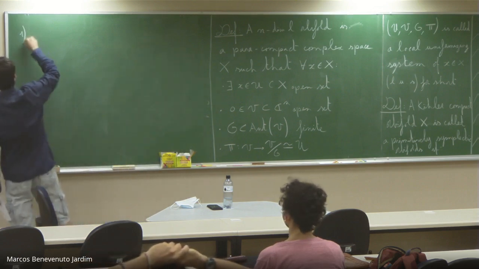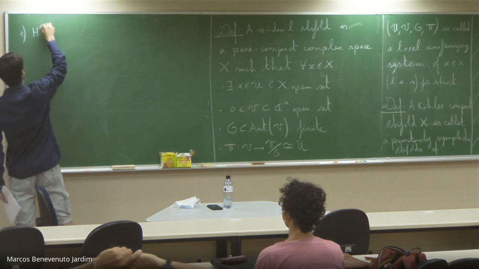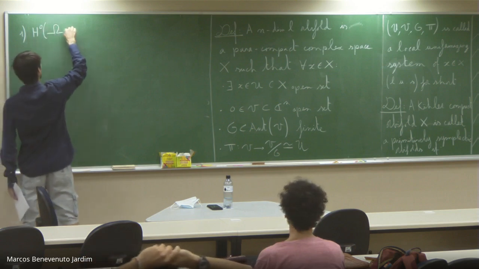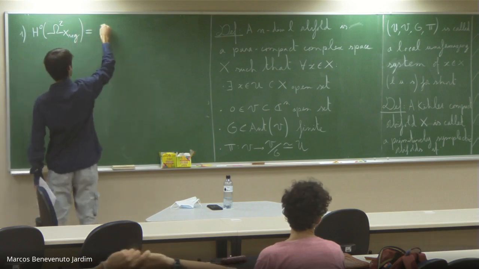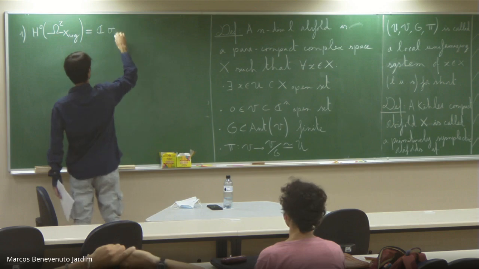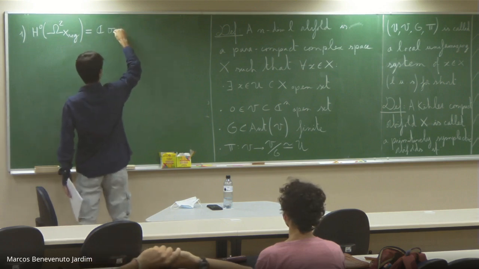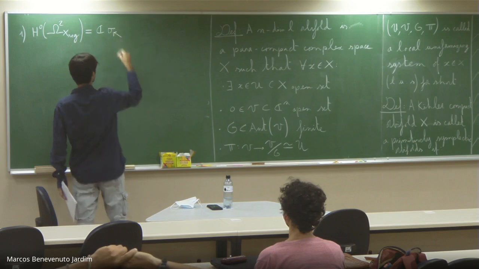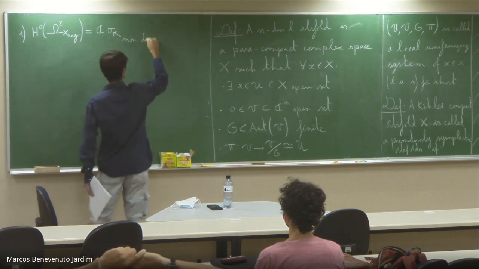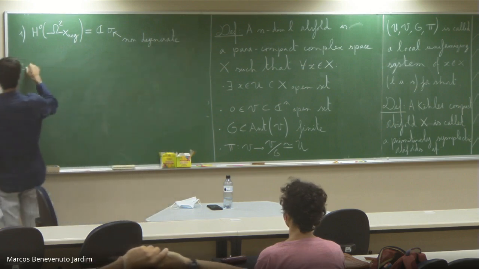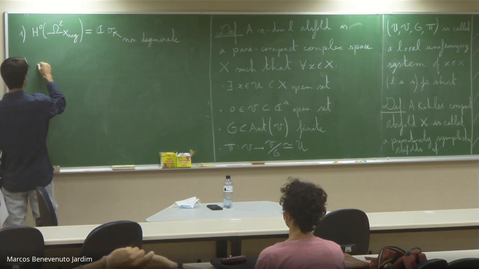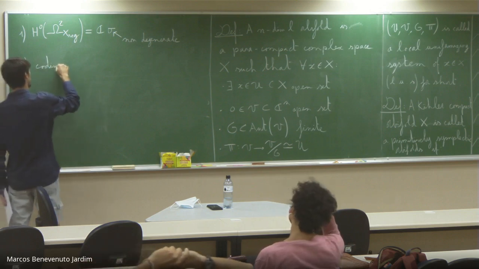First condition, we have a holomorphic 2-form. If I take holomorphic 2-forms on the regular part of X, there is a unique holomorphic 2-form, and this form is non-degenerate. So it's a symplectic holomorphic form. This is the first condition, and the second condition is more technical. It's that the codimension of the singularities of X is bigger or equal to 4.